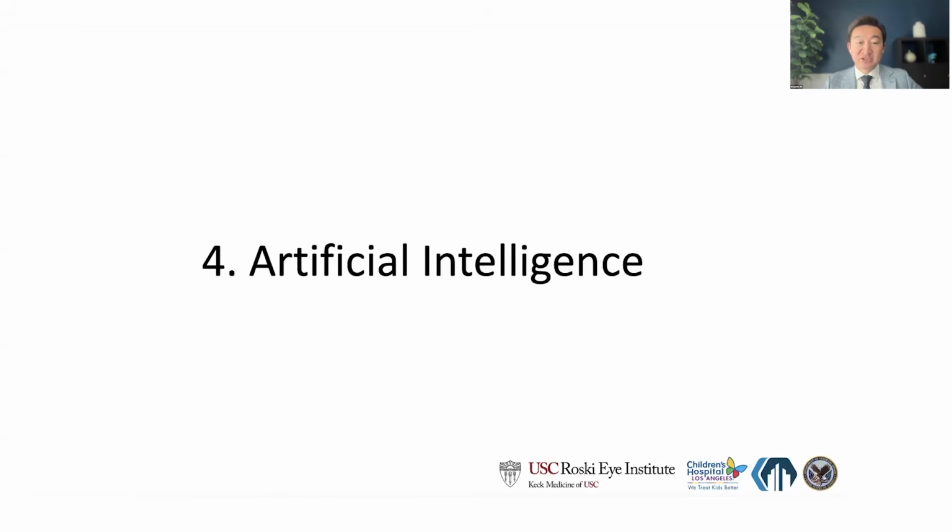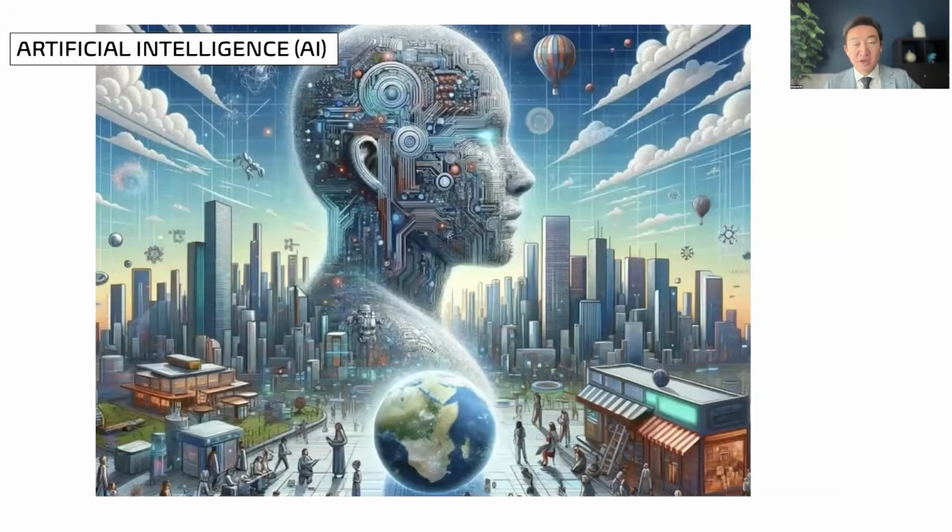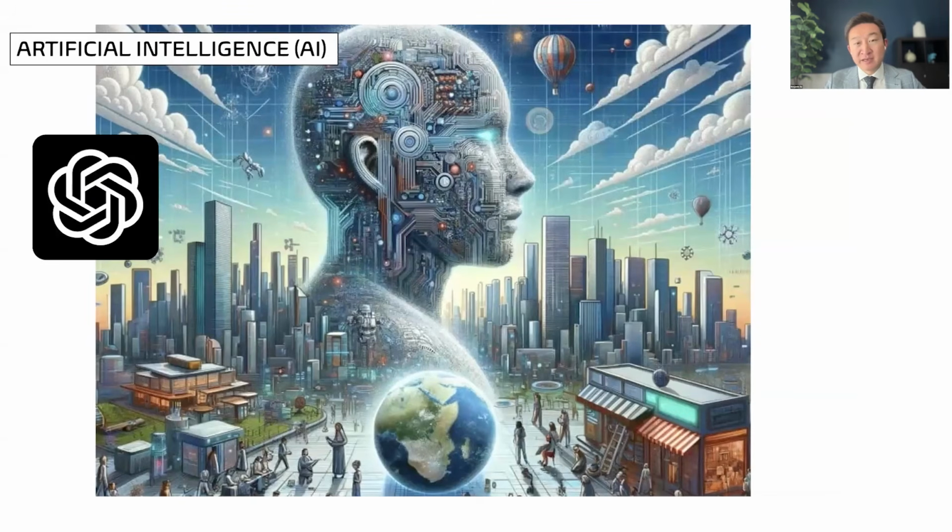At this point, I'd like to transition to talking about artificial intelligence, or AI, and its role in anterior segment OCT imaging and angle closure care. AI is obviously a transformative technology that promises to change many aspects of our daily lives in the society that we live in. AI has become a powerful tool in our day-to-day activities through large language models such as ChatGPT.